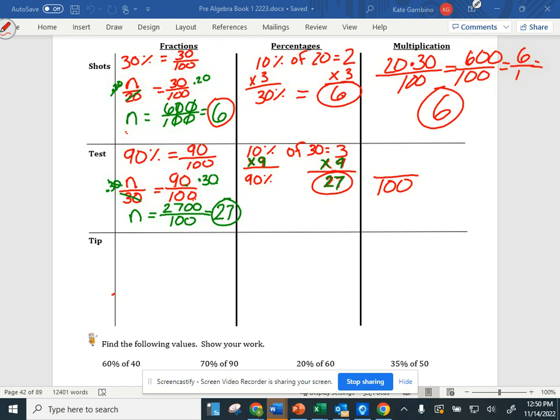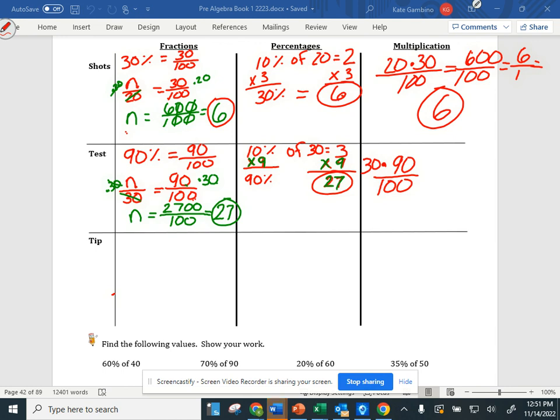We want that 100%. She got a 90% out of 100. We're going to multiply it by the 30 possible. There were 30 possible points.